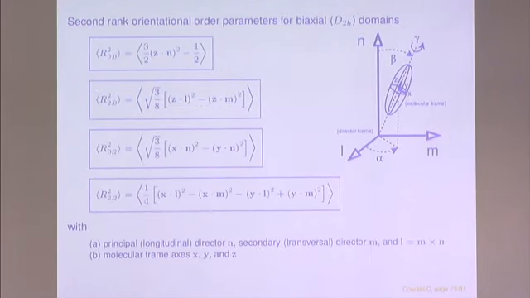So for instance, here we have the 4 symmetrized second rank order parameters for a D2h system, and the first one and the fourth one we have already seen before.